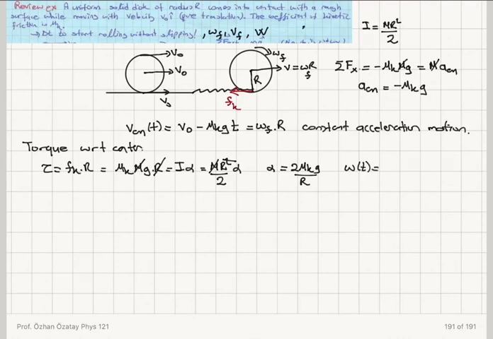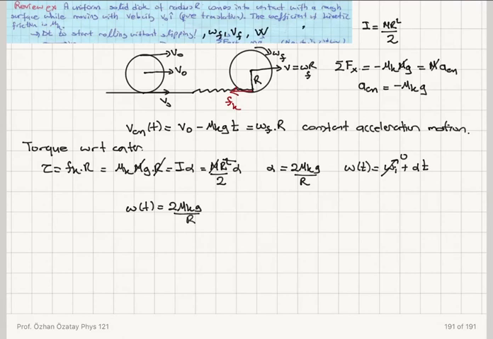Okay, so the angular speed omega will start with omega initial, and then it will increase with alpha times t, but omega initial is 0.